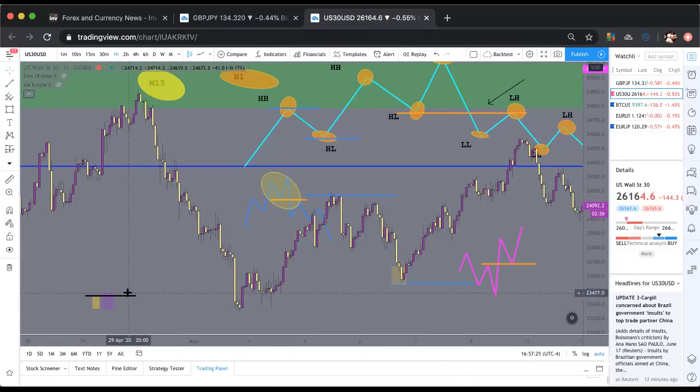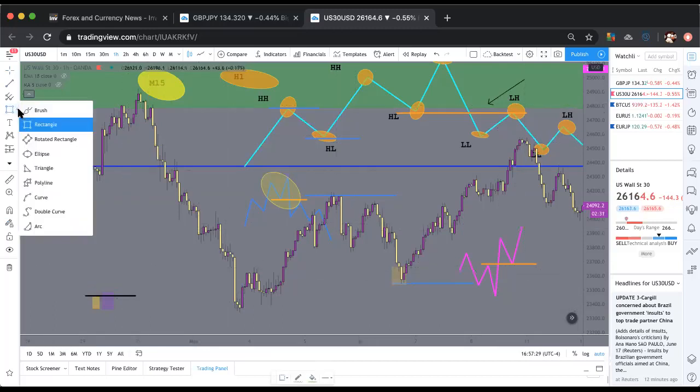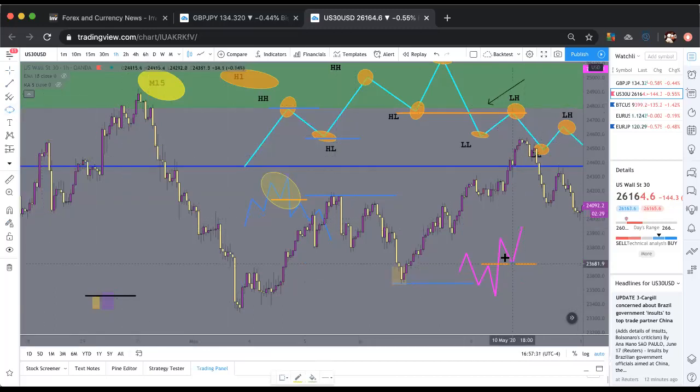And we would be looking for this pattern to happen right here at our higher low point in structure, which is also our entry base point, right?